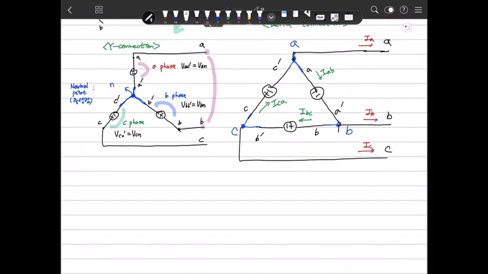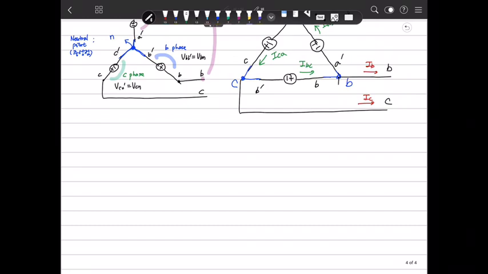We define the current in this manner. So in delta connection, there are two voltages and two currents: IA, IB, IC, and IAB, IBC, ICA. We will deal with the relationship between the current and voltage in the case of delta connection later.